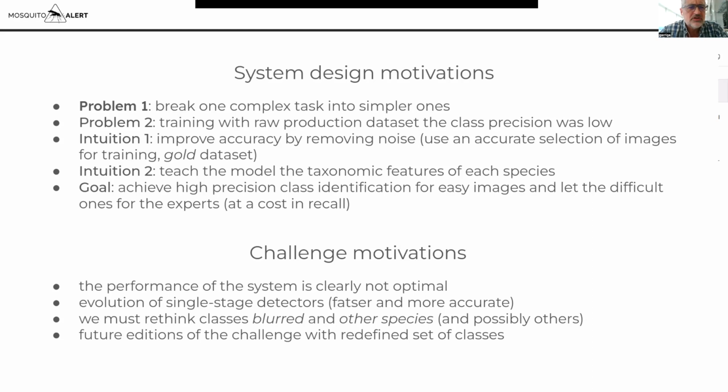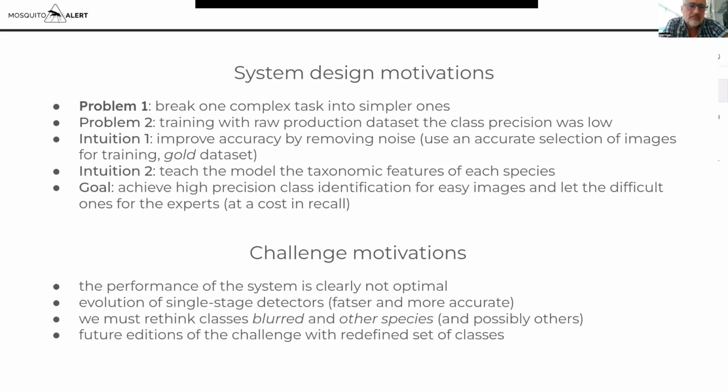So we had the intuition that we could improve the accuracy by removing noise. That means that we make a selection of images in which the species could be really identified. The idea was that if we remove all images in which there is noise, then we might make the model learn the taxonomic features of each species, which is what we really wanted.